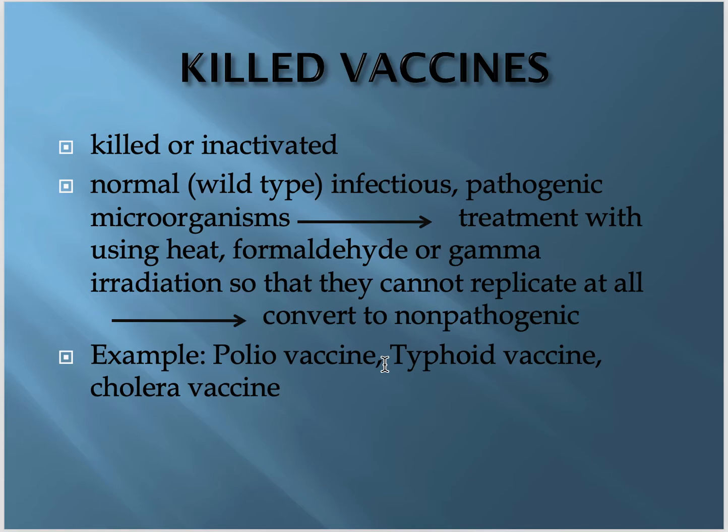I mean, in this approach the wild type infectious microbes are killed, so definitely they will not be able to replicate at all, and thus will become non-pathogenic. Examples of such killed vaccines are polio vaccine, typhoid vaccine, cholera vaccine, etc.